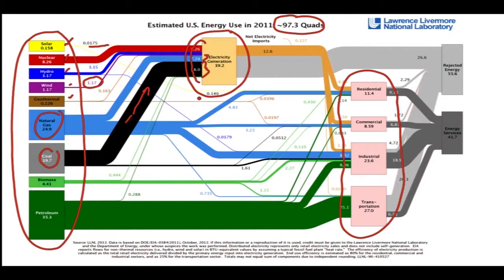On the output side, of course, the whole purpose here is to generate electricity, and that's shown by the gold line up here. You notice we're getting about 12 quads out in electricity, but notice the waste heat out here. The waste heat that we're throwing away is 26, which is about twice.